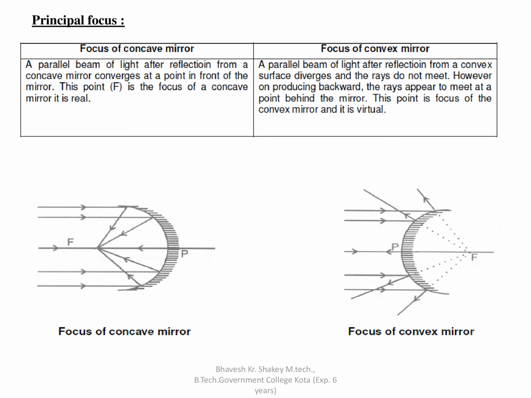So after reflection they are diverging, they are going far from each other. Like in the first diagram the rays after reflection were converging and actually meeting at a point on the principal axis, now in the second diagram for a convex mirror, after reflection the rays are just diverging.